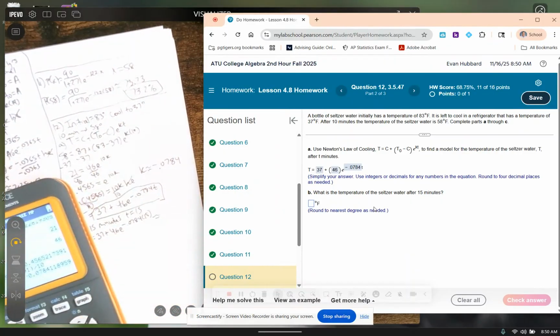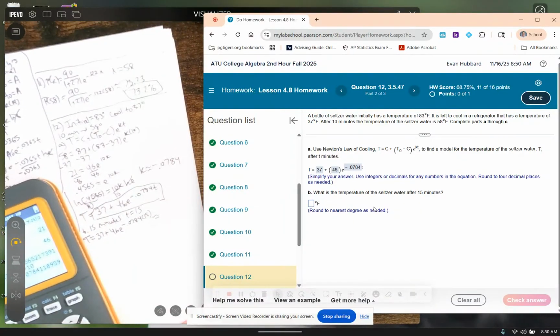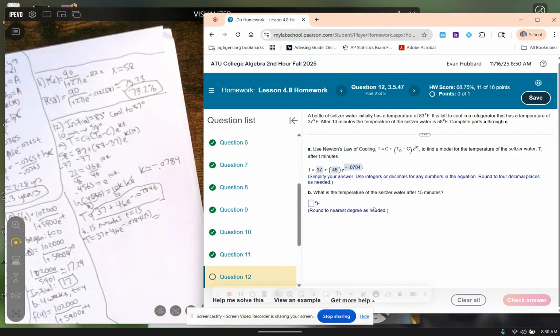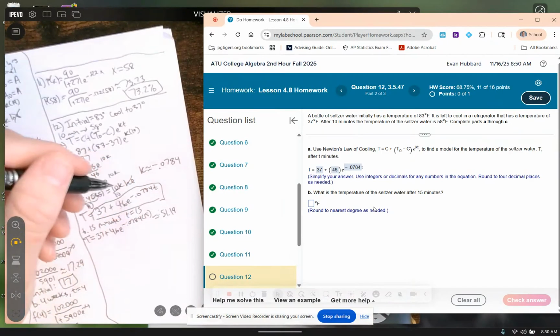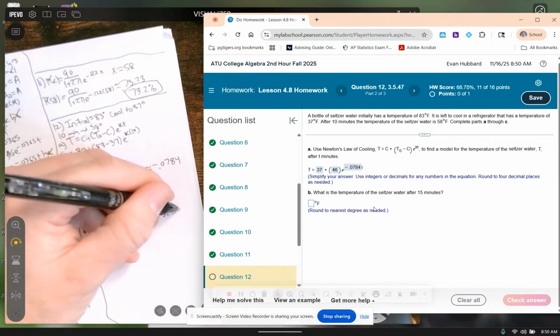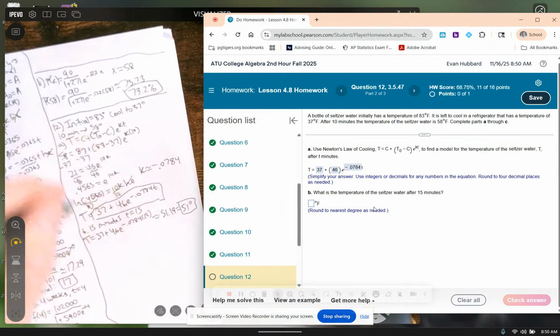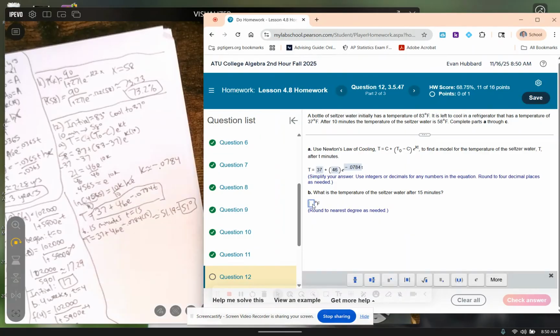So 37 plus 46, second ln, negative 0.0784 times 15. So 51.19. So after 15 minutes, nearest degree, so 51 degrees.